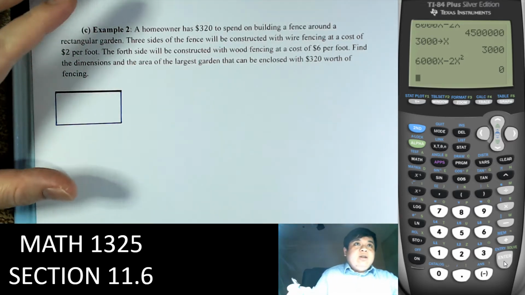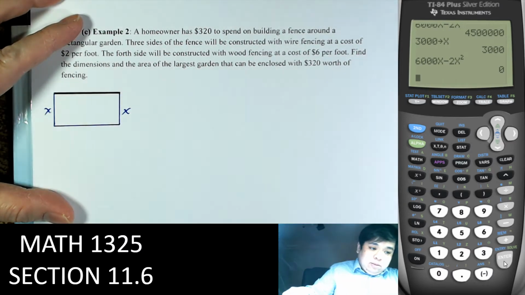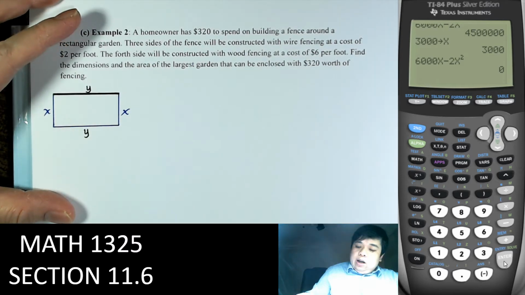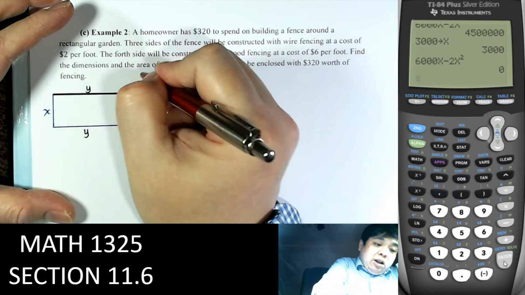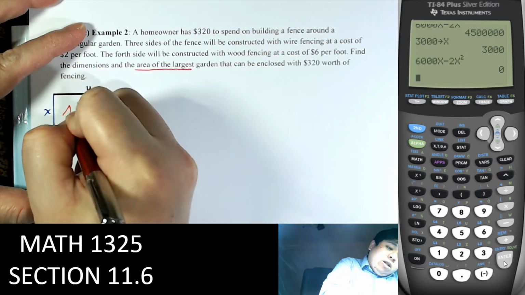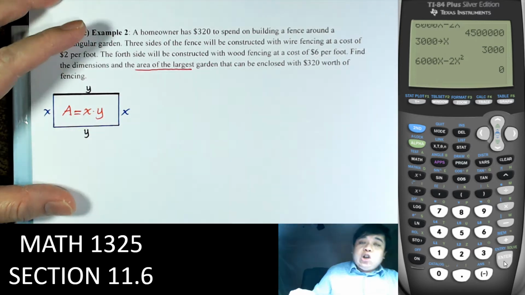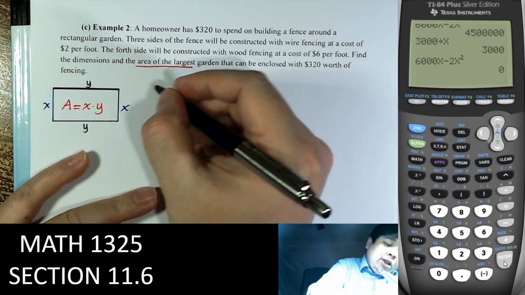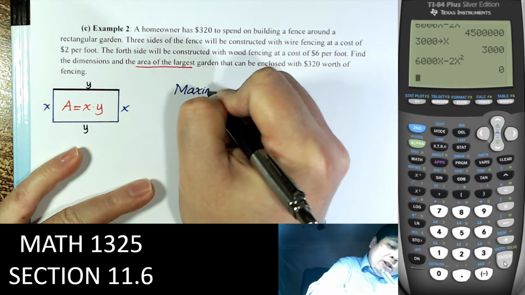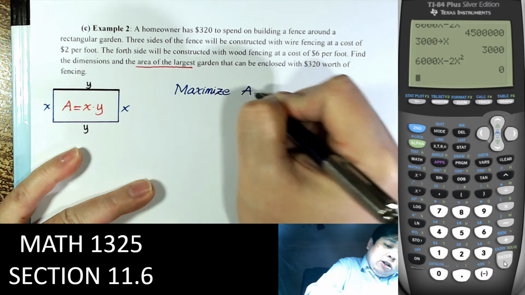So this rectangle, we have x and x, then y and y. We want to maximize the area of the garden. So the area once again is equal to x times y, and that is the function to be maximized. So the problem is to maximize the function x times y.